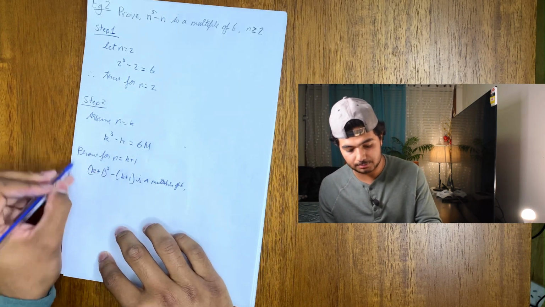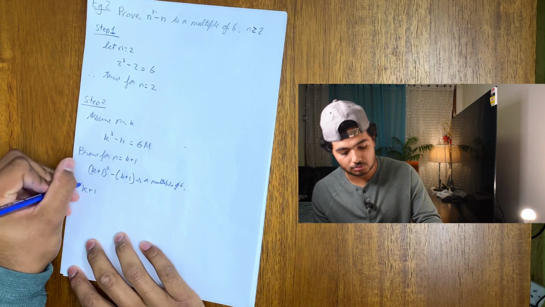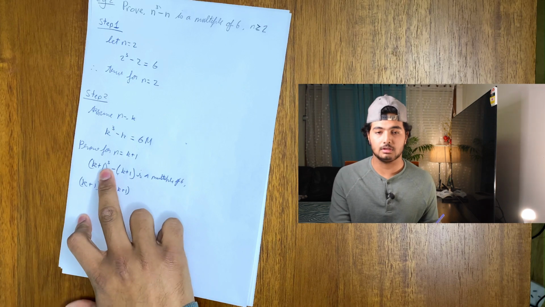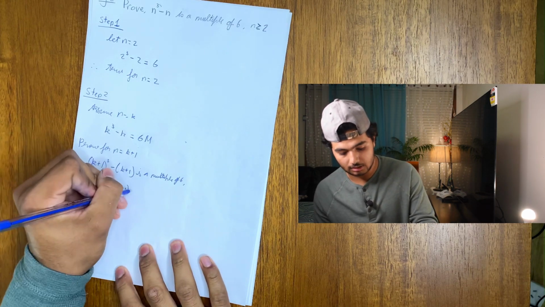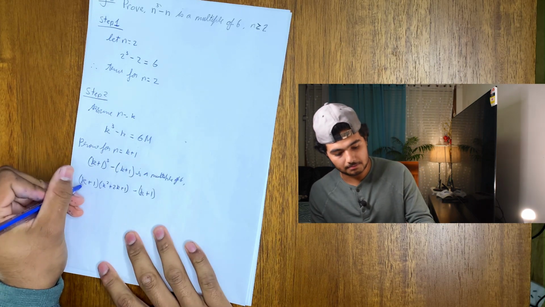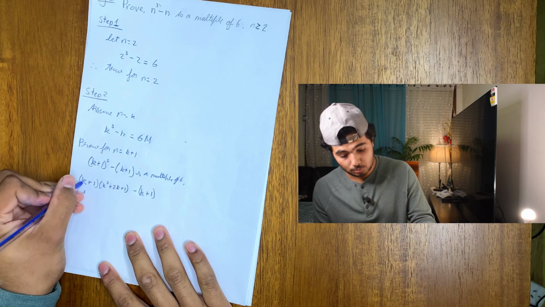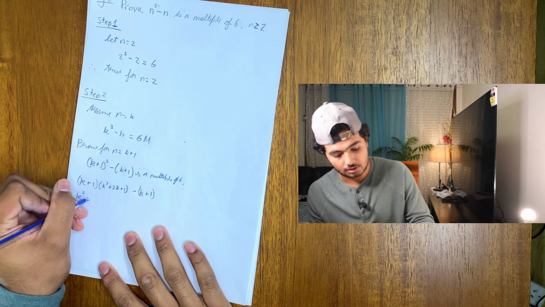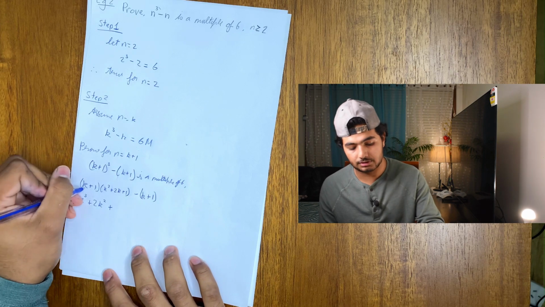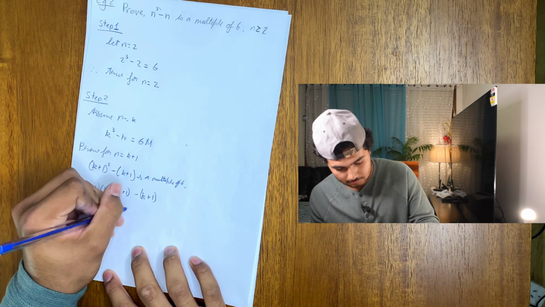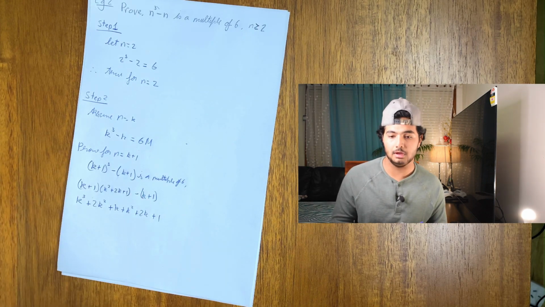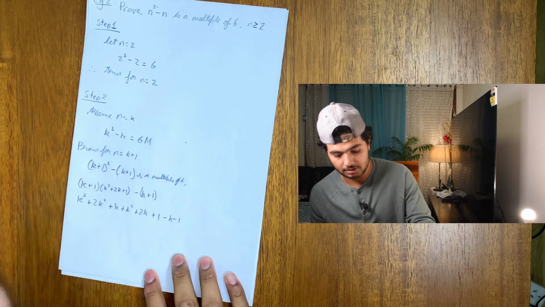Let's expand the left-hand side. (k plus 1) all cubed is k cubed plus 3k squared plus 3k plus 1, minus k minus 1.